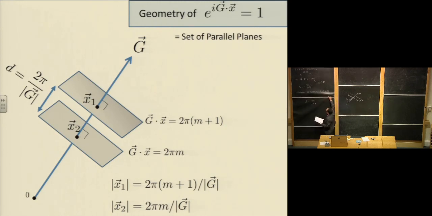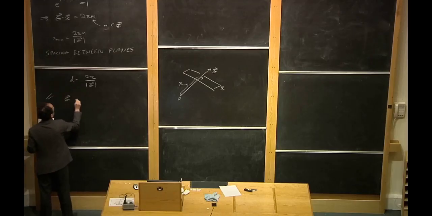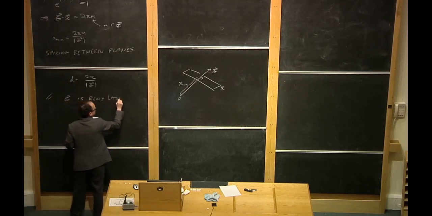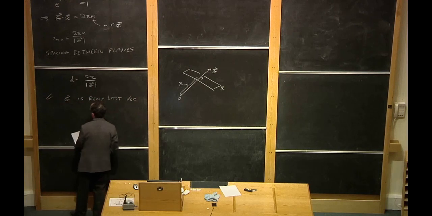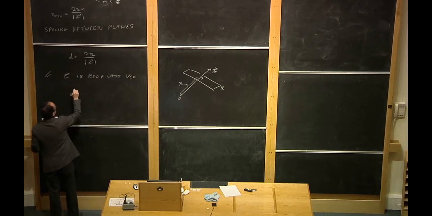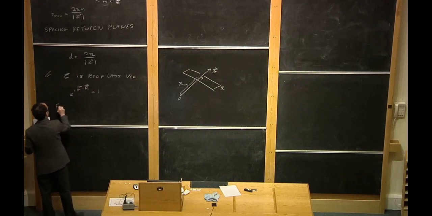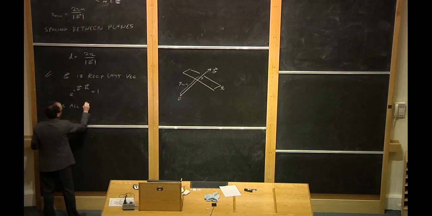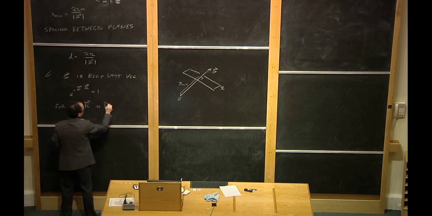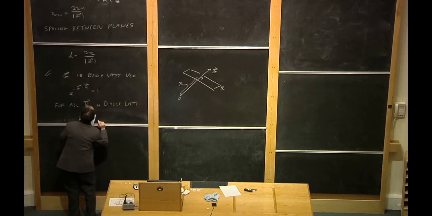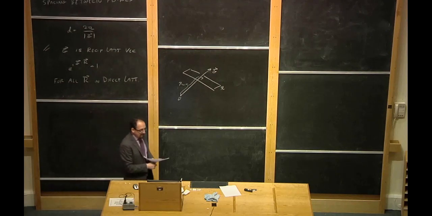So now recall that if G is a reciprocal lattice vector, then e^(i G·r) = 1 for all r in the direct lattice. That's our definition of the reciprocal lattice.